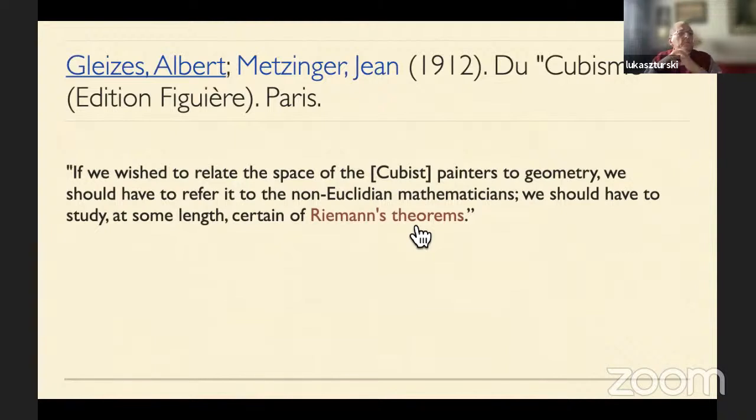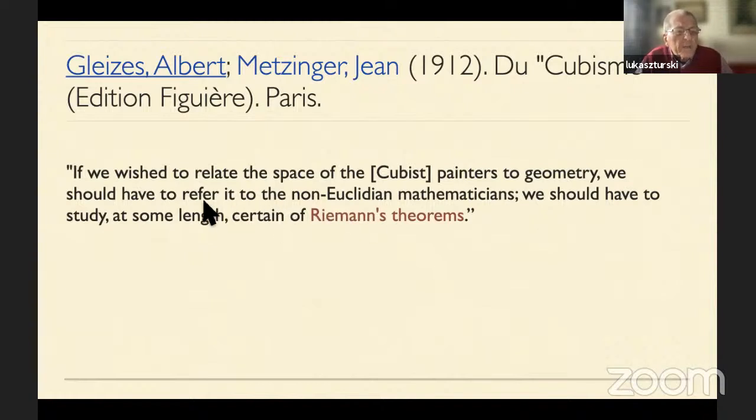Cubism was not only in the paintings of Picasso and Metzinger and others, but it was also formulated as a theory. And this is a sentence from a little book about Cubism written by Albert Gleizes and Jean Metzinger.